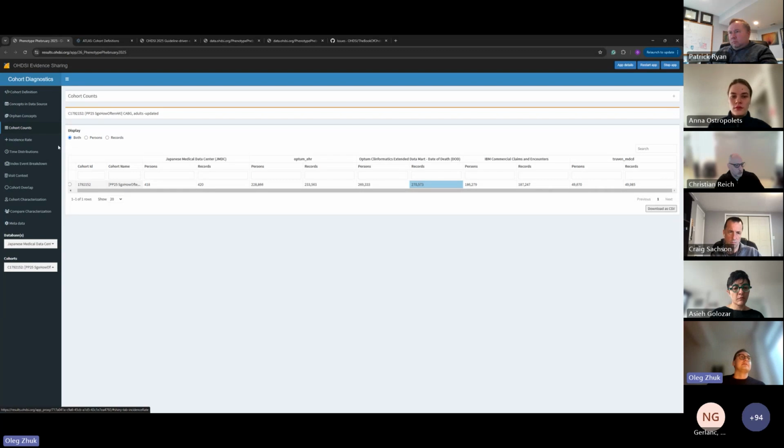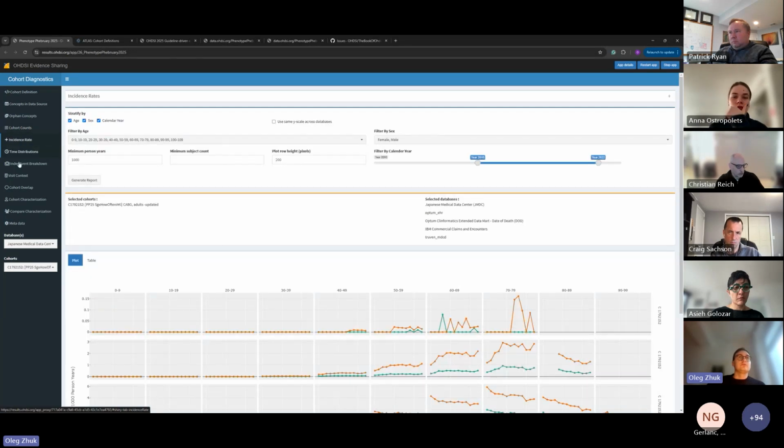So the next step would be to check the incidence rate for this cohort, and you will note here that I took out the last two years, so 2024 and 2023, in order to stay in this area, just because we want the cleaner data and we want to make sure that the data is complete.